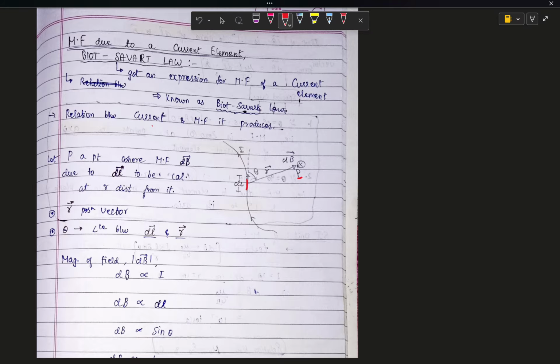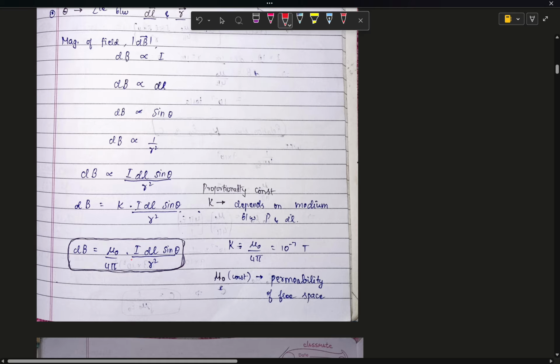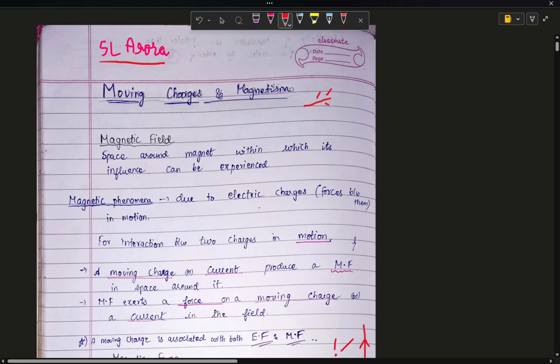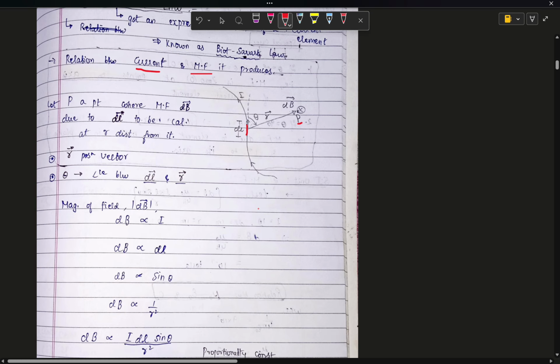The main thing is the relationship between the current and the magnetic field it produces. In the starting itself I mentioned that any conductor carrying current will produce a magnetic field and exert some force. These are the very important basic points this chapter carries.